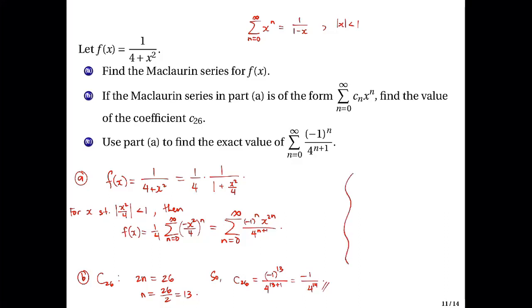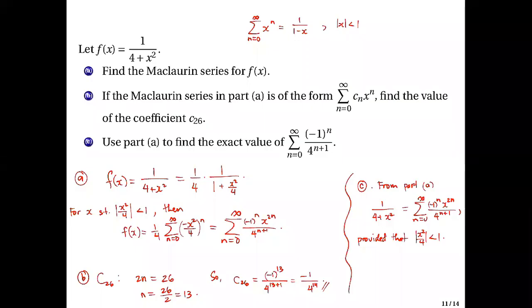And then finally, for letter C, we want to solve for this from part A. From part A, 1 over 4 plus x squared is equal to the sum of (-1)^n x^(2n) over 4^(n+1), from 0 to plus infinity, provided that the absolute value of x squared over 4 is less than 1.